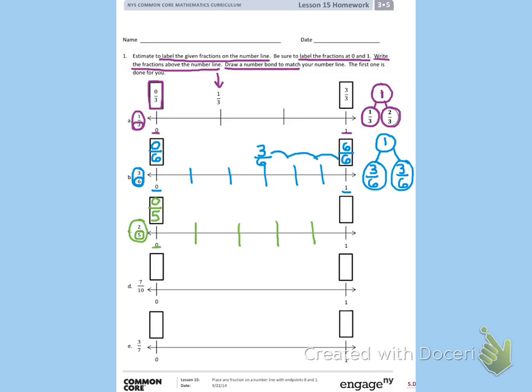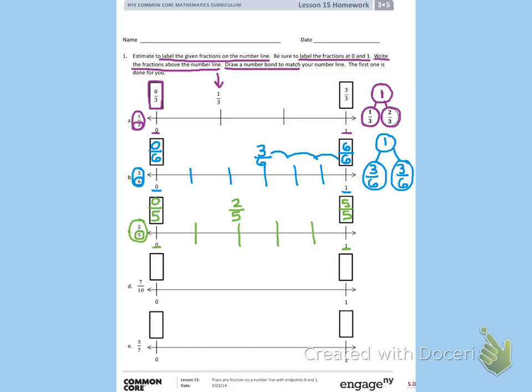The next hash mark will be 1/5, then 2/5 will be placed above the number line as the directions indicated. But if I continued counting after that, I'd have 3/5, 4/5, and finally 5/5, which is the same as 1 whole.